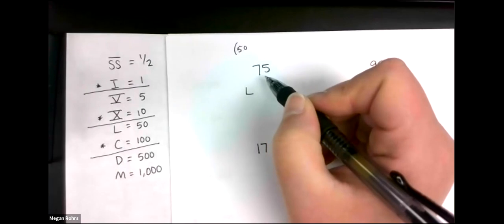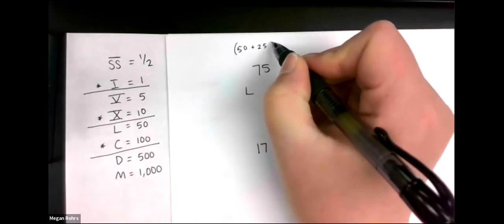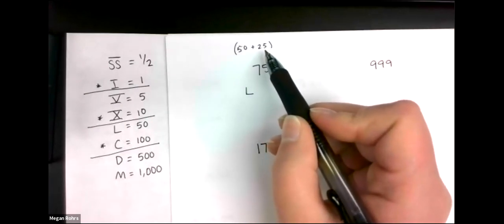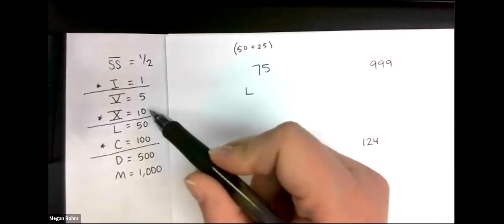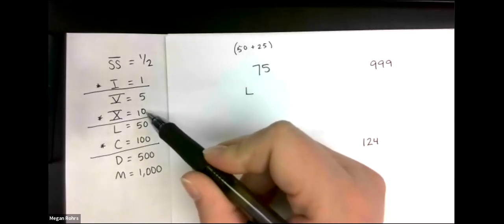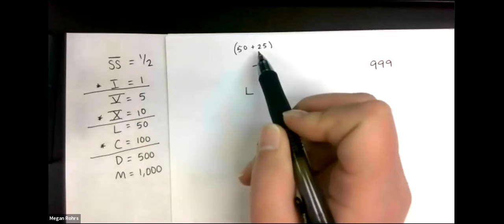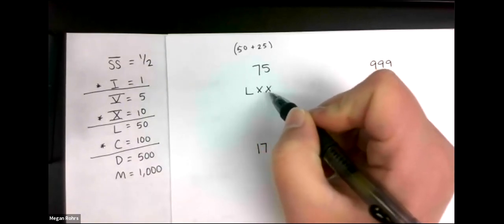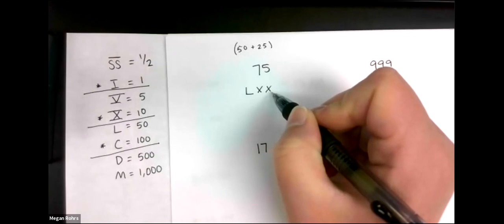So if we've already used 50 here, we need to add another 25. You can write it down like this if you prefer. So now we need to think about how to write 25. Well, 10 would be the closest. And remember, we can repeat a numeral more than once, but not more than 3 times. So for 20, we could write X plus X, that would give us 20.